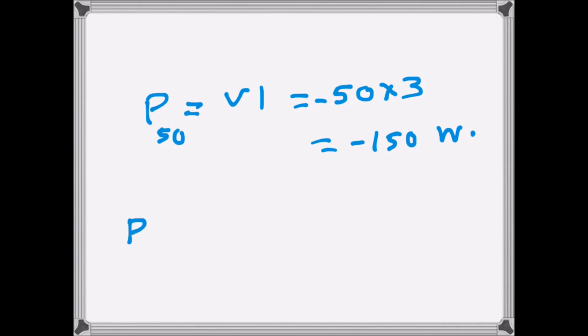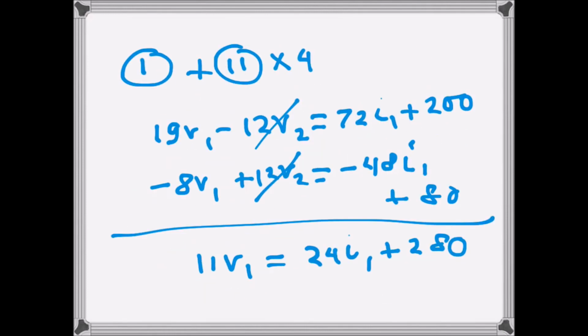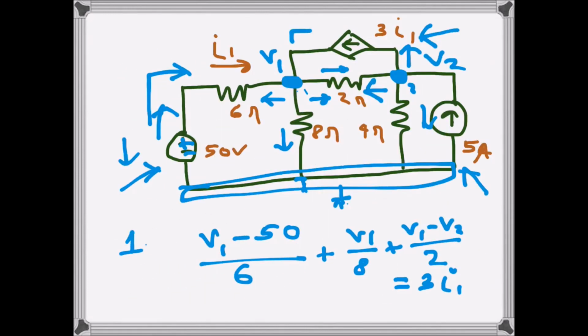Similarly for the 5 amp source, we have seen that the polarity here is like that, because V2 was positive, and we have found the value to be positive. That means the source is delivering power, not absorbing.